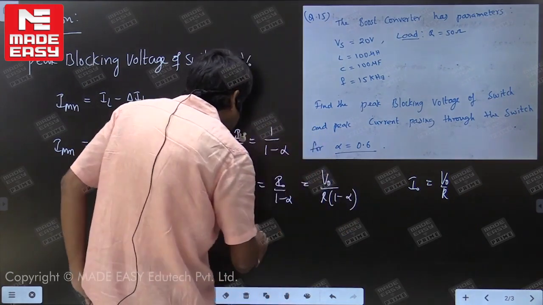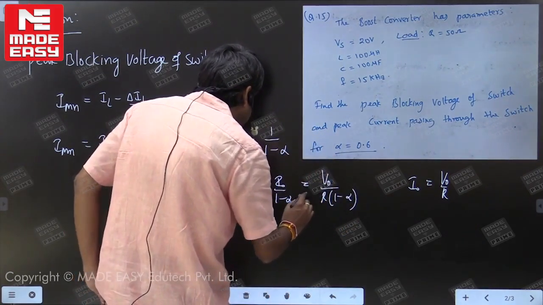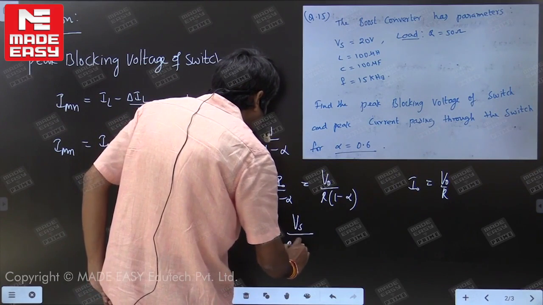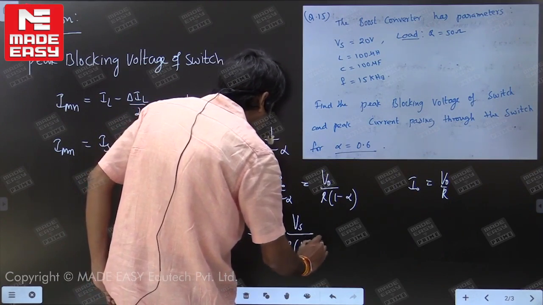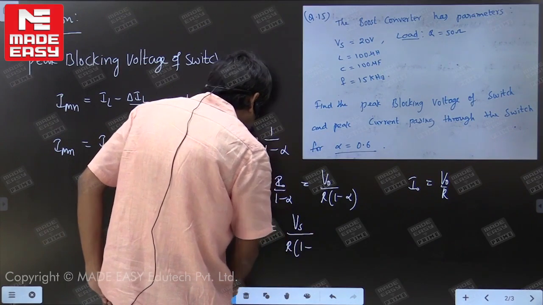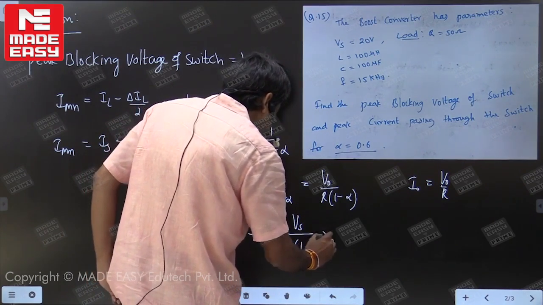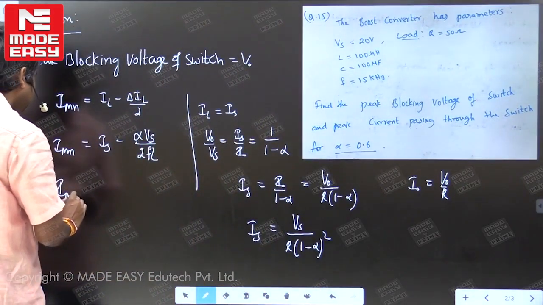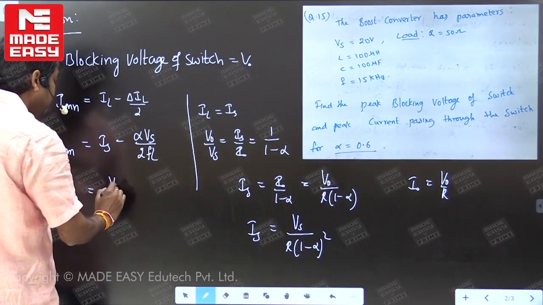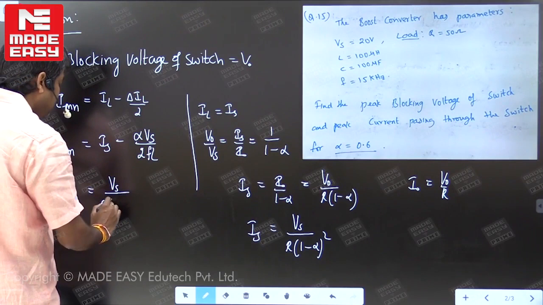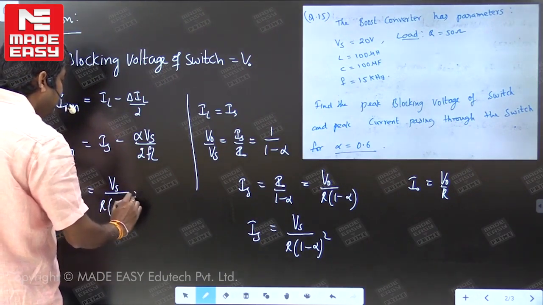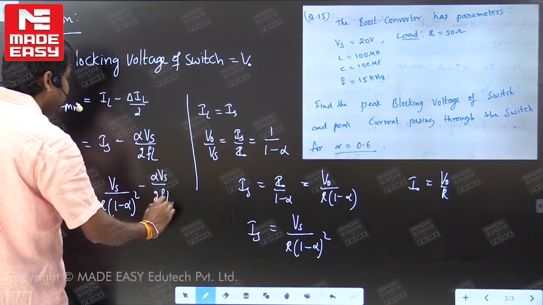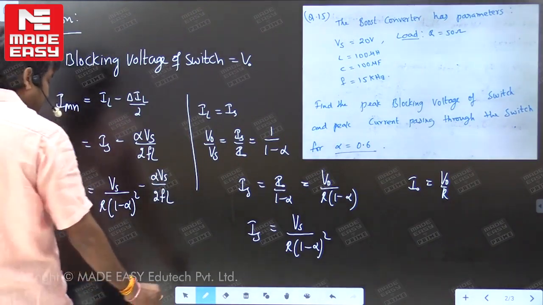That can be written as supply current is equal to, V naught being Vs by 1 minus alpha, Vs by R into 1 minus alpha whole square. Now, I minima is equal to Vs by R into 1 minus alpha whole square minus alpha Vs by 2 into F into L. Now, all values are given.